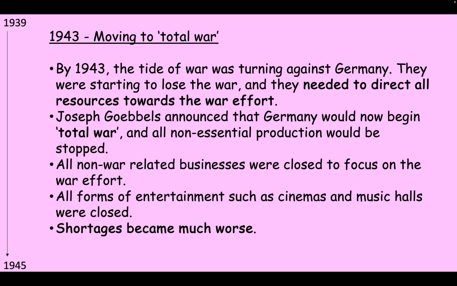And because they are focusing all production on making things for the war, shortages became even worse. So after 1943, entertainment is closed in most cases, and shortages become really, really bad.